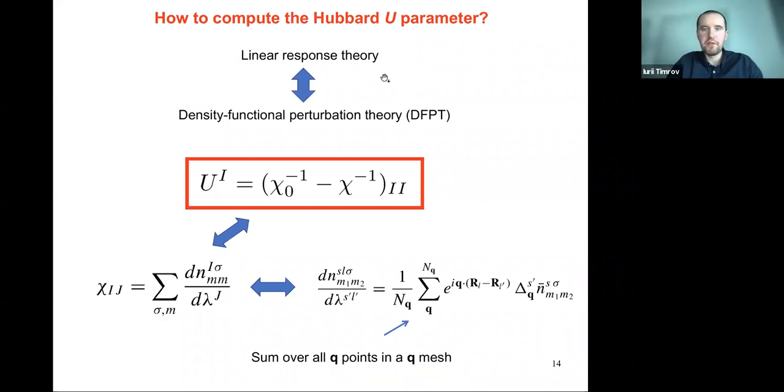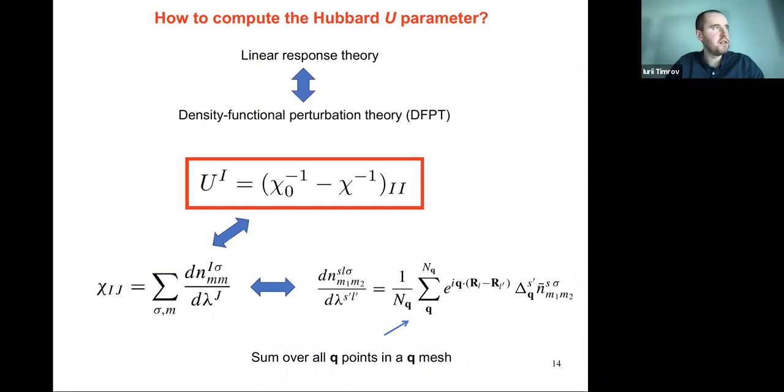And also, as Professor De Gironcoli mentioned, recently we recast this theory or formulation in a more computationally efficient way using density functional perturbation theory, that was initially developed for phonons, which will be discussed tomorrow by Professor Baroni.